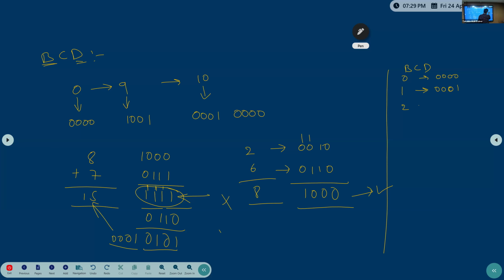So 2 will represent 0, 0, 1, 0. 3 is 0, 0, 1, 1.